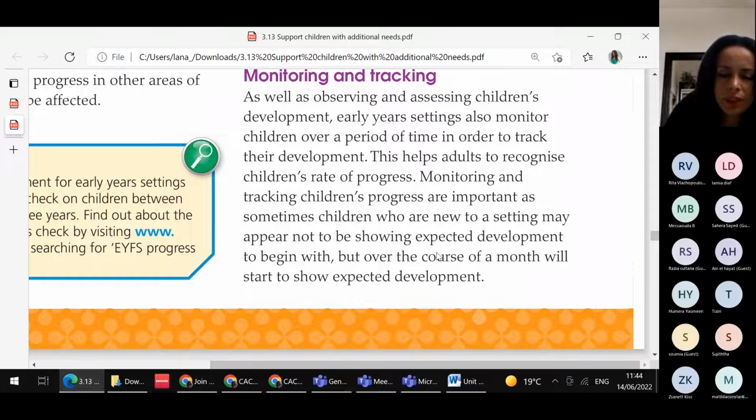And monitoring and tracking. Children's progress can be impacted sometimes in children who are new to the setting. If the children are new to the setting, you look at them and think, oh, they are sitting alone. They don't want to interact with other children.